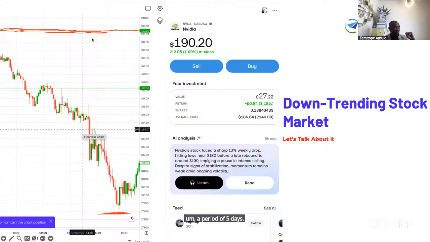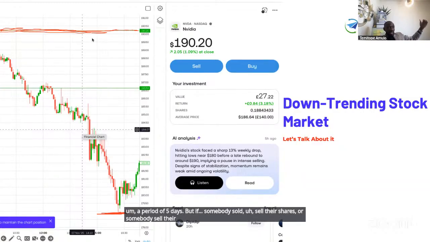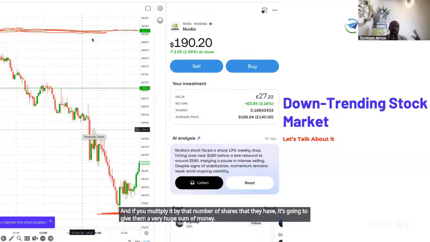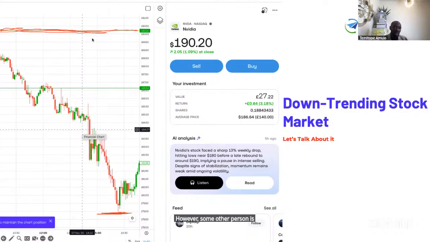If somebody sold their shares immediately and then came back to buy here, that person is going to make about £11 per share. And if you multiply it by the number of shares that they have, it's going to give them a very huge sum of money. However, some other person is also going to be losing money per share for that period.